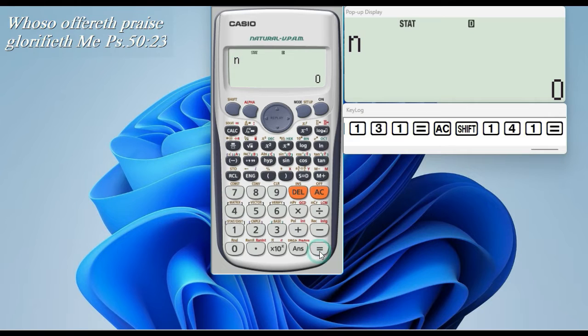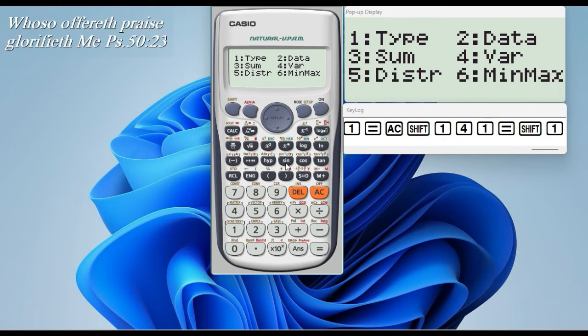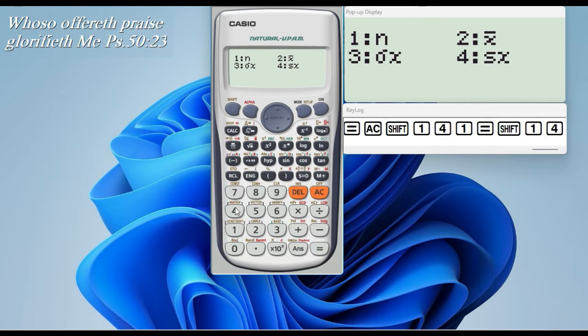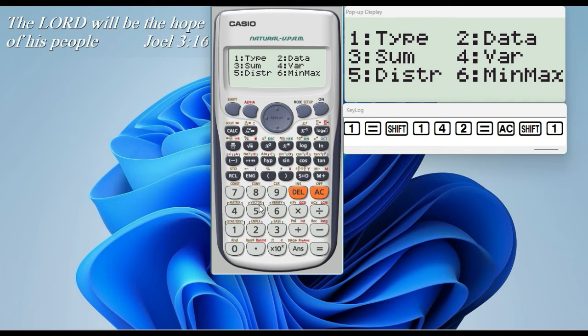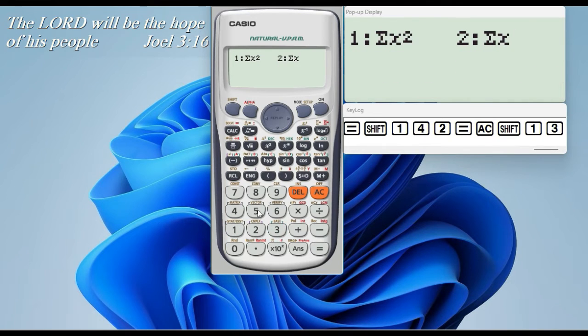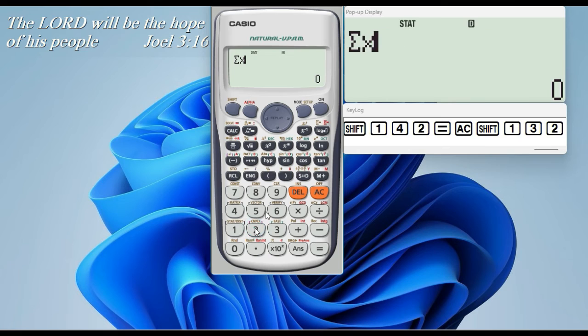The n there means the number of items, which is option 1. The 2 is the mean. The mean of those figures kept inside is 3.6, and we can verify that using the summation of x over n, that's the total number of items. So sigma x divided by n.